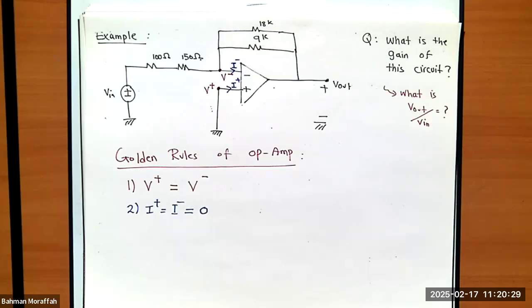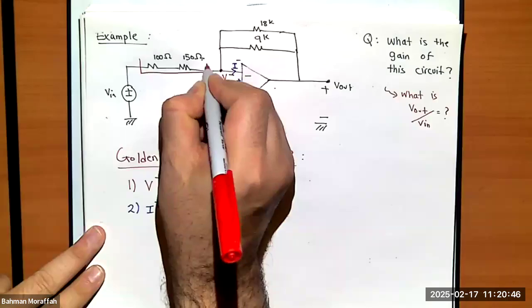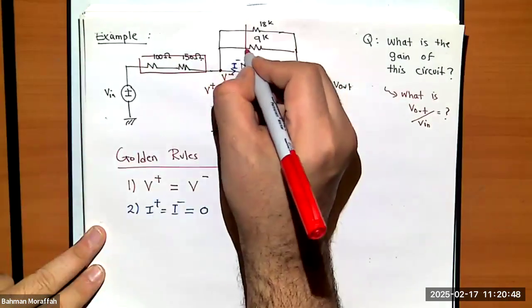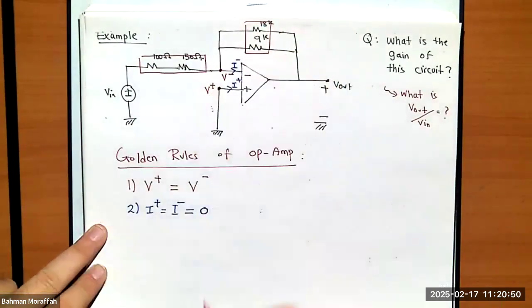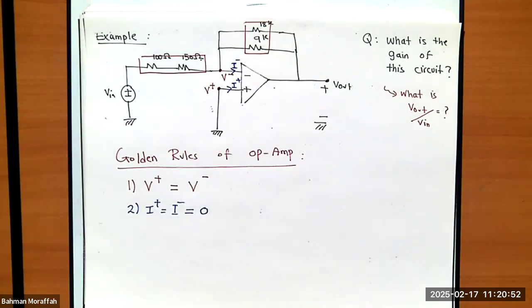But if I look at this circuit, this is a familiar circuit to us. I know exactly what the gain is. What is this circuit? Let's just assume I combine these two, which I can, and I combine these two. What is the circuit?